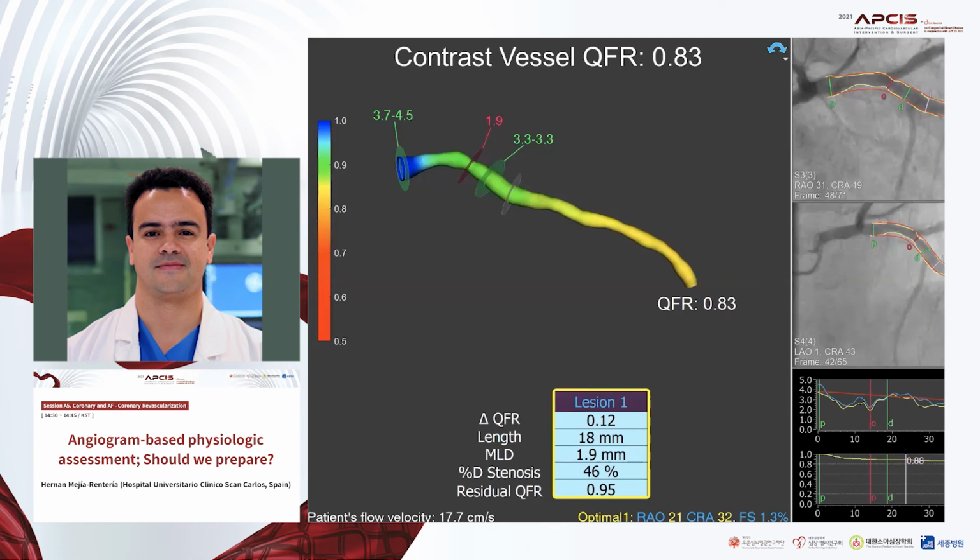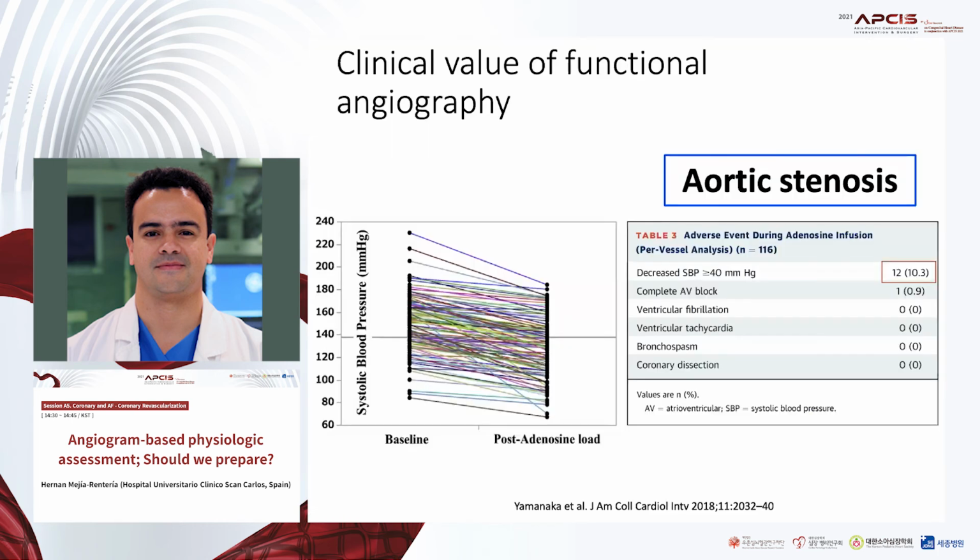Because of the borderline hemodynamic condition of this patient with severe aortic stenosis, and also the presence of chronic renal failure, we preferred to avoid an invasive wire-based assessment of the LAD stenosis. Instead, we did a functional lesion assessment using functional angiography with QFR, and we obtained a QFR value of 0.83. Therefore, we decided to defer intervention in the LAD stenosis, and we focused on the treatment of the aortic valve disease.